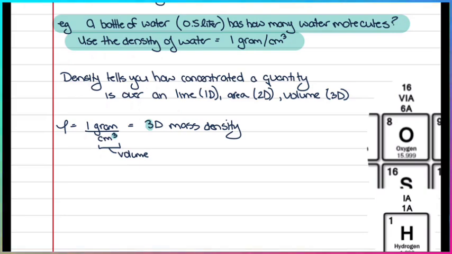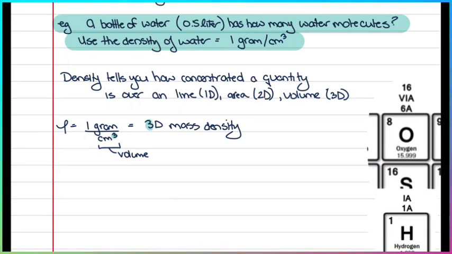So, to use water as an example, if I say that water has a density of 1 gram per cubic centimeter, what that means is that if I have a bottle of water and I break it up into a bunch of little cubic centimeter cubes, and to give you a sense of what that is, think of your pinky, from the bottom of your fingernail to the tip of your pinky. It's kind of gross, but imagine if you were to cut off the tip of your pinky, from the base of your fingernail up.